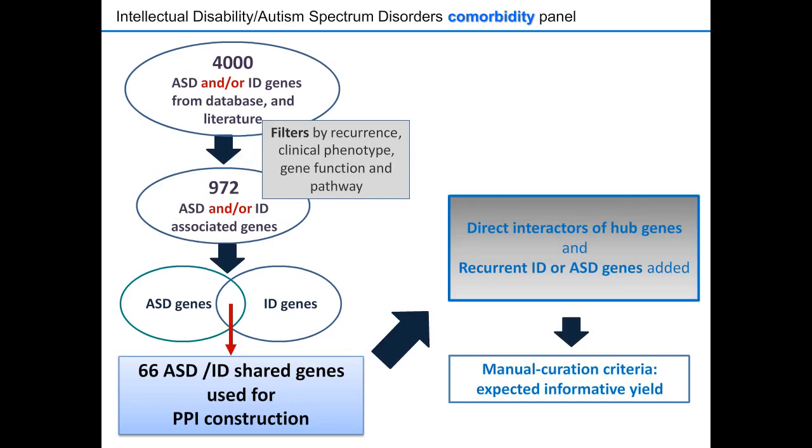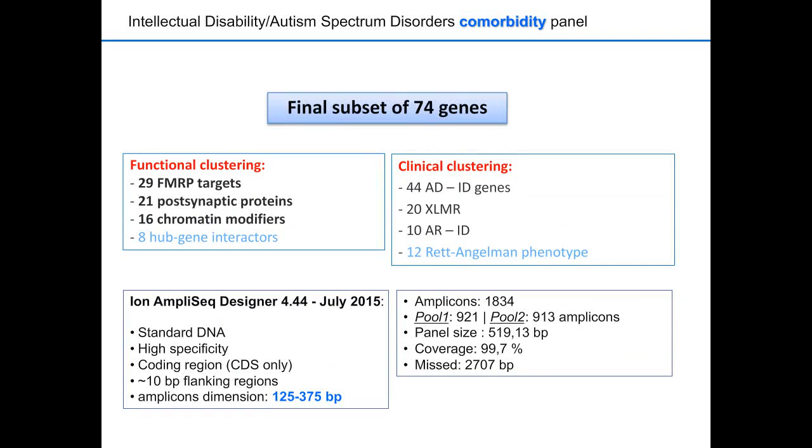And then with a great deal of manual curation, we finally got to the panel with the concept of the expected informative yield. We ended up with a final subset of 74 genes, whose functional clustering included targets of the Fragile X mental retardation protein, postsynaptic proteins, chromatin modifiers, and 8 hub gene interactors.